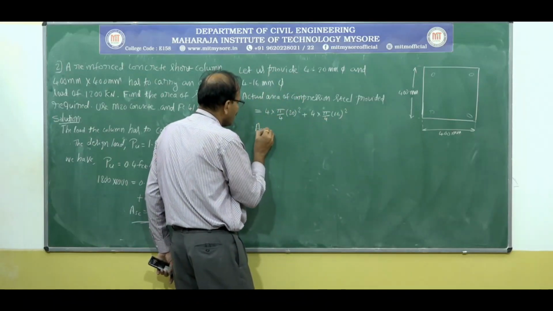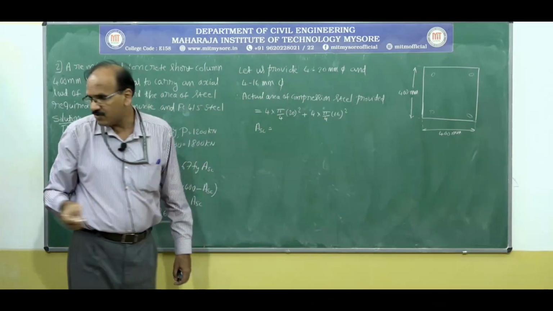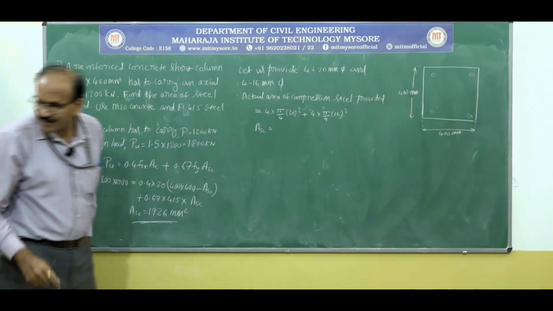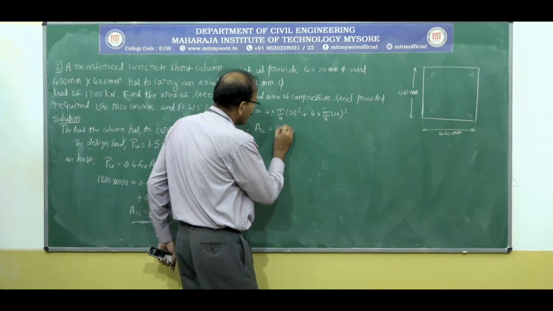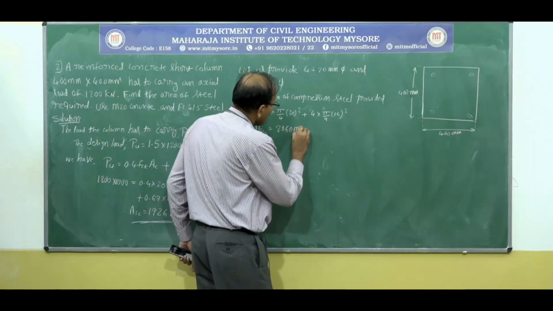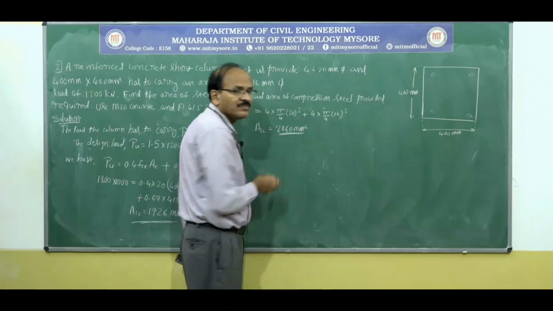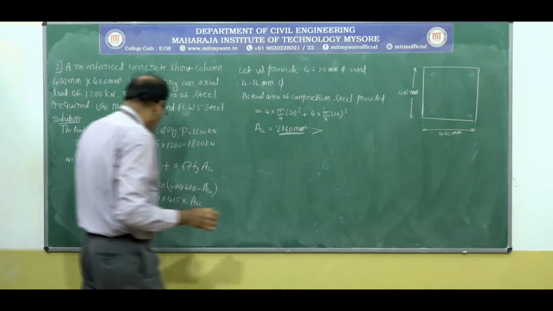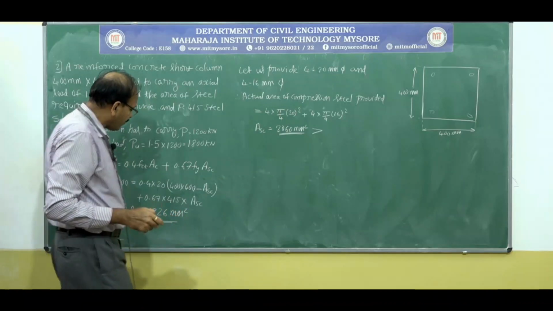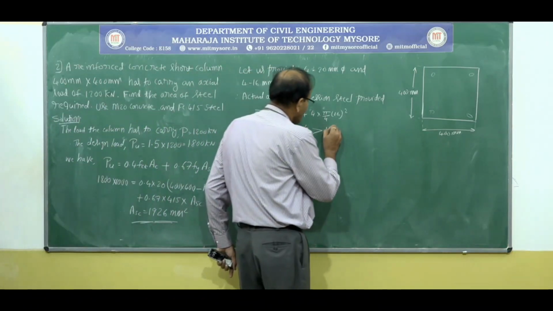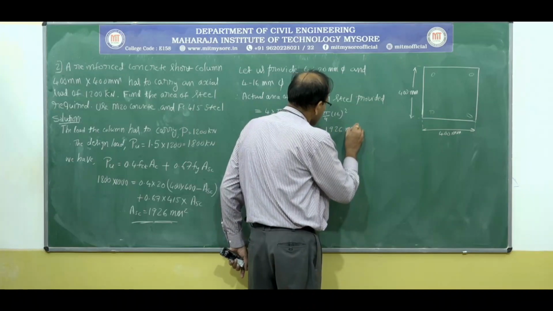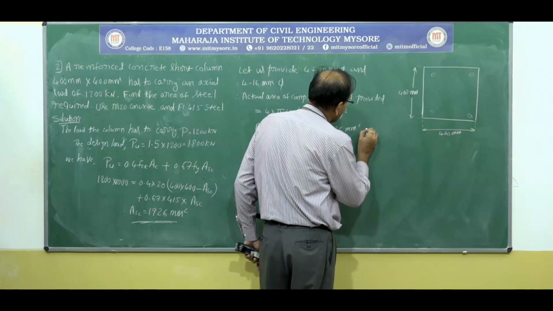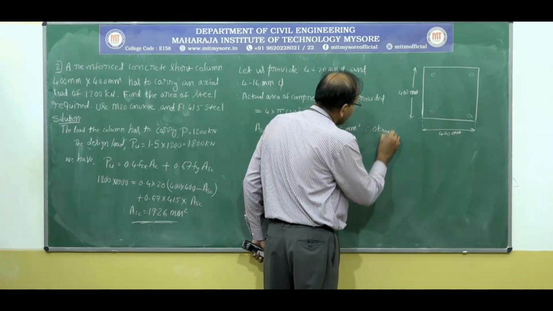So that is Asc actual, that is 2060 millimeter square. So this is greater than the required area of compression steel, 1926 millimeter square, therefore okay.